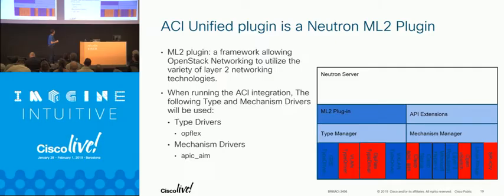The unified plugin, or ML2 in general, typically has two components, the type driver and the mechanism driver. With the OpenStack ACI unified plugin, we use the OpFlex type driver, and we'll understand why. And the mechanism driver is the APIC AIM. Why APIC AIM? Because Neutron talks to the APIC controller. It uses a RESTful API in order to deploy policy and configure things, as we will see during the course of the session.